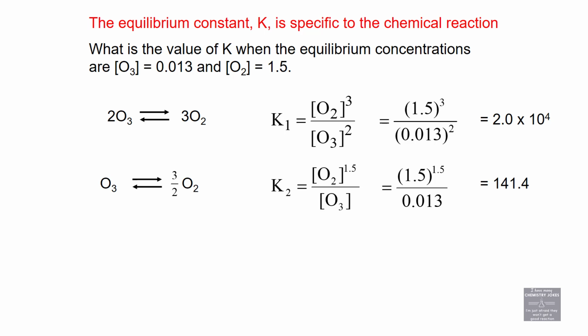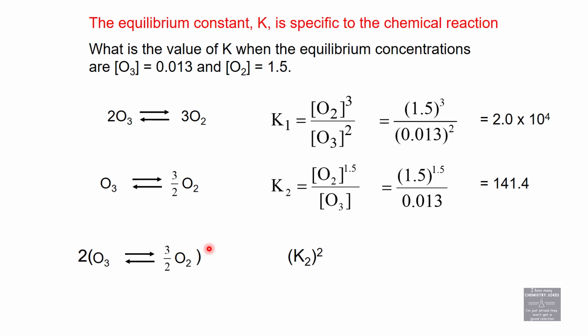So if I would have noticed that the middle equation could be multiplied by 2 to give me the top equation, I could also see that if I have this K2, a coefficient becomes an exponent, right? So if I square K2, I should actually get the same value of K1.